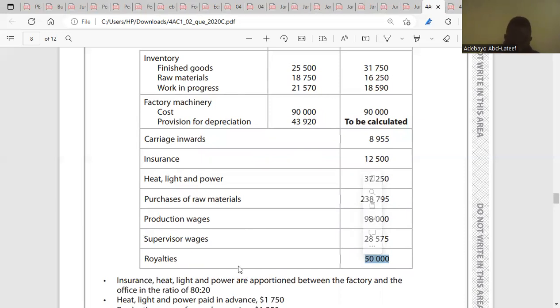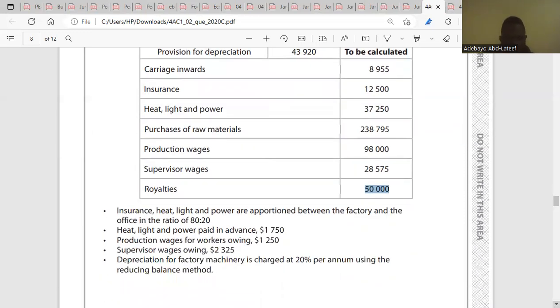Then we have direct wages. Do we have direct wages? Okay, let's check. Hold on, please. Production wages. We have production wages of 98,000.